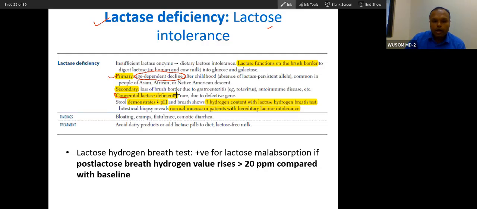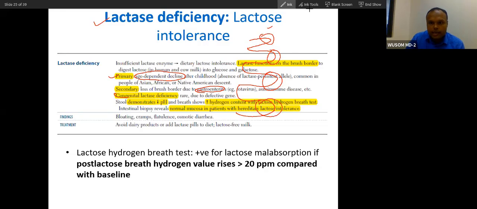And then when this lactase deficiency happens because of some infection, some disease, for example gastroenteritis, what will happen? The brush border epithelium will be lost. And because of loss of this brush border epithelium, the enzyme will also be lost.